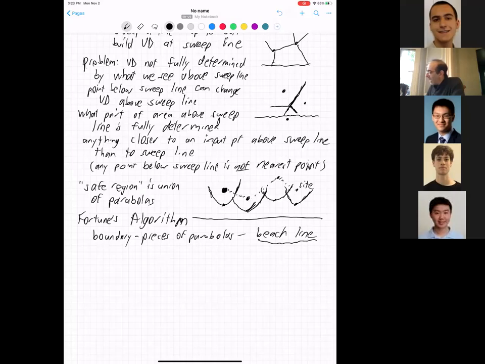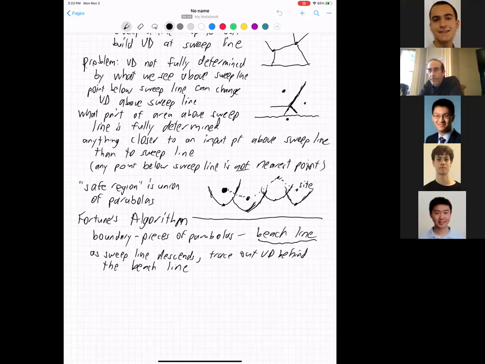And Fortune's algorithm says that as the sweep line descends, we are going to trace out the Voronoi diagram behind the beach line, because that's where things happen and that's where we know things are stable.